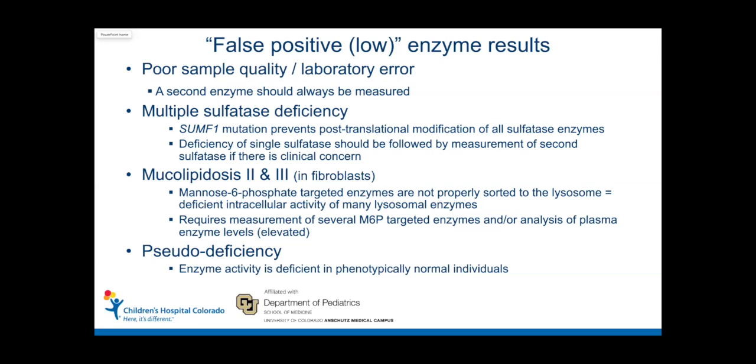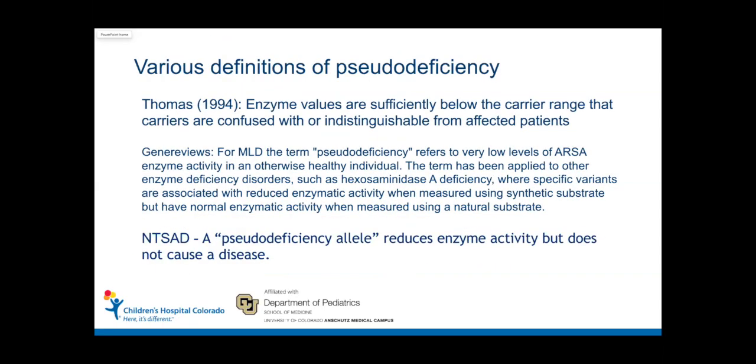So what I want to spend the rest of the time talking about is this idea of something called pseudodeficiency. Dr. Thomas wrote one of the first articles that I found that discusses this idea of pseudodeficiency.